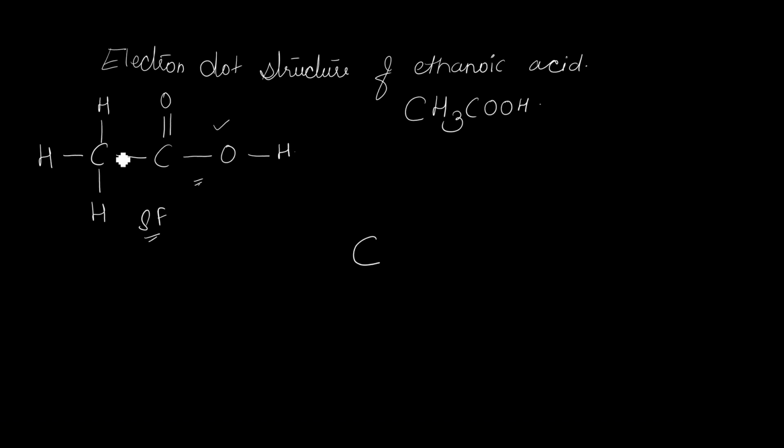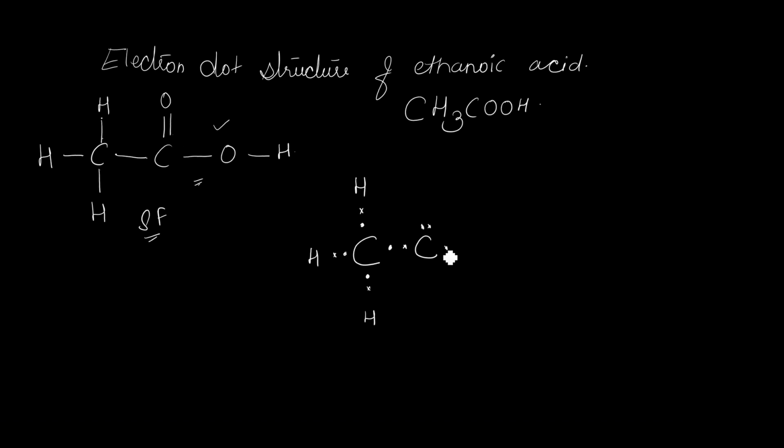So see, how many electrons? 1, 2, 3, 4 of carbon. 1, 2, 3 of the hydrogens. Then another carbon, which you can show by cross, 1 electron, 1, 2, 3.